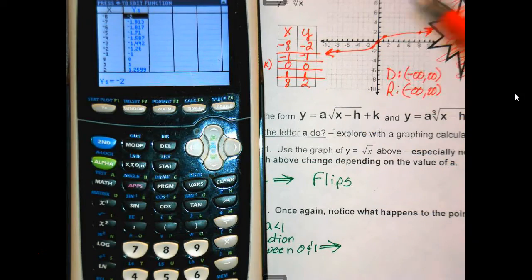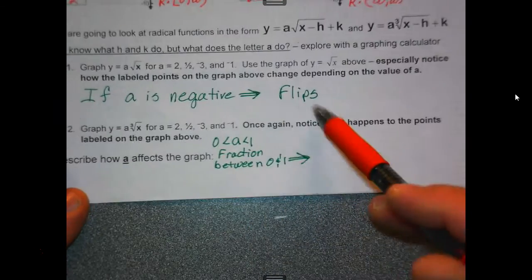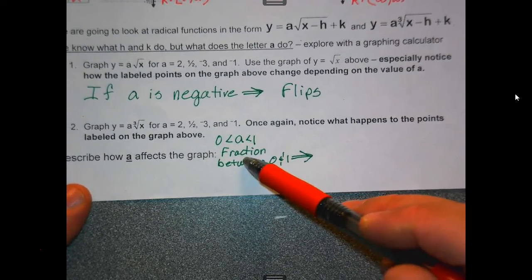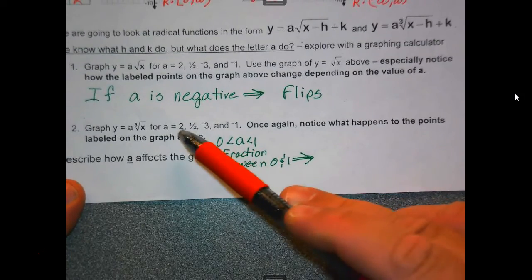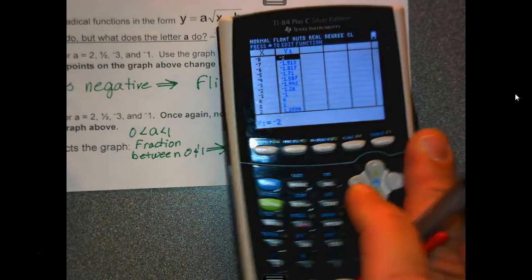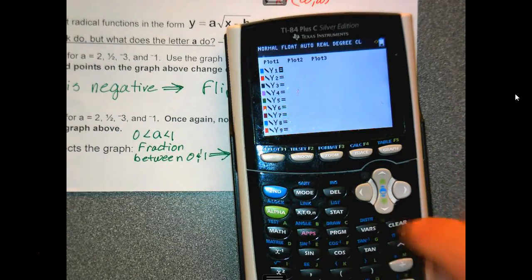Now, let's go back to our A thing. We know that a negative number is going to flip it. Let's see what happens if we make our a a fraction. Let's put in 1/2 cube root of x.